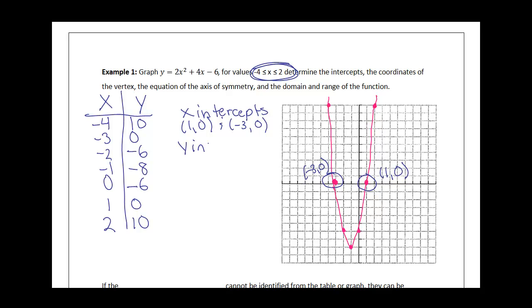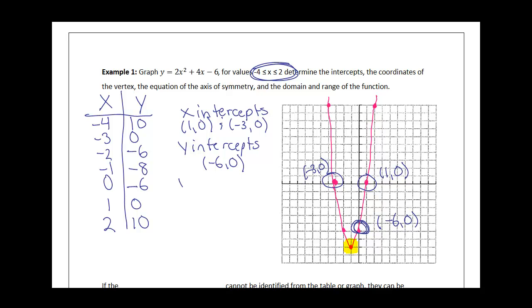What about our y-intercepts? Do we have anywhere where the function crosses the y-axis? And we do. At this point down here it does, which is the point of -6 and 0 there. So we have y-intercept of -6 and 0. Perfect. Now the coordinate of the vertex here is going to be at this point here, our minimum point.